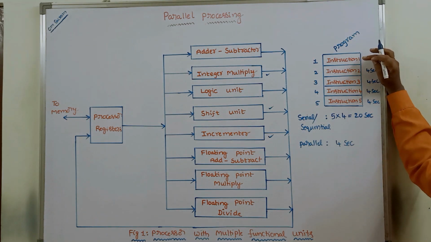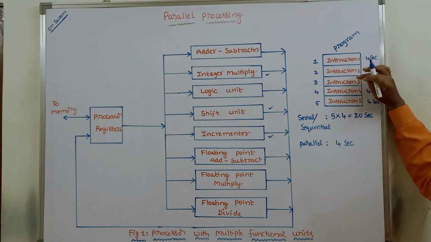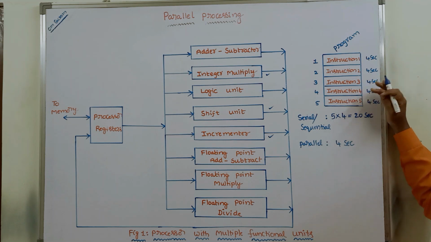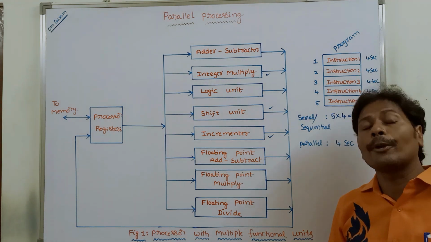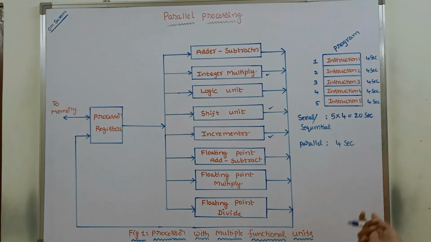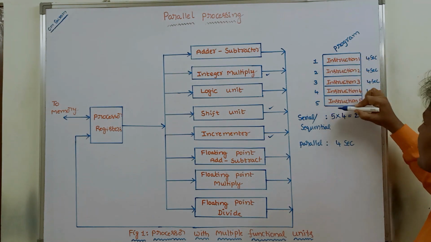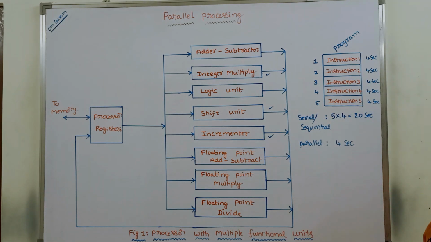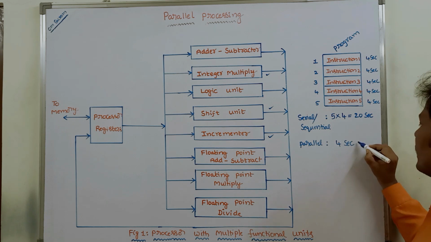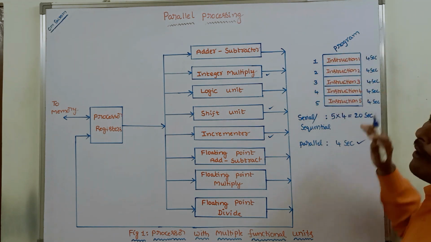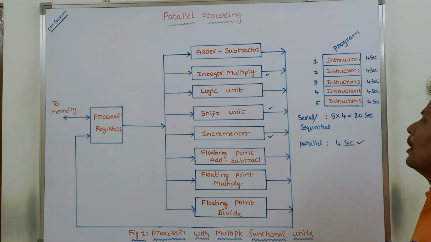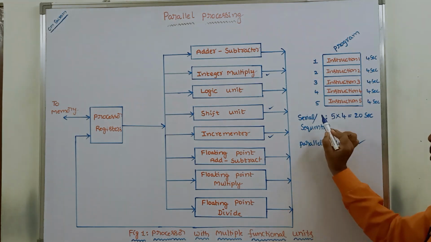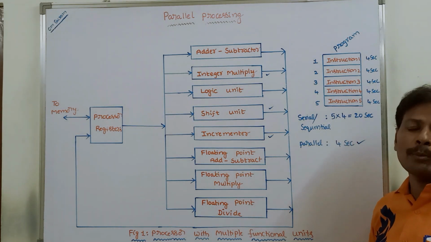While instruction 1 is executed, at the same time instruction 2, instruction 3, instruction 4, and instruction 5 are also executed, so within 4 seconds all 5 instructions complete their execution. Within 20 seconds, 5 instructions complete their execution in serial or sequential processing.